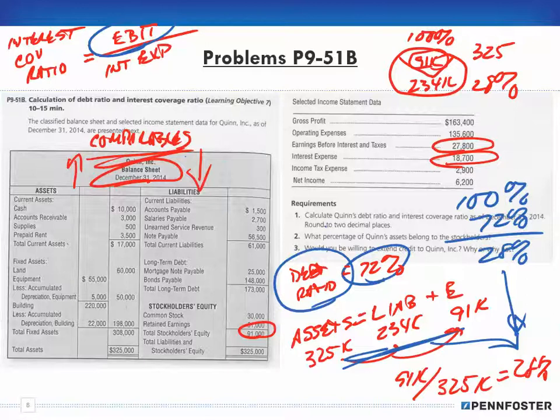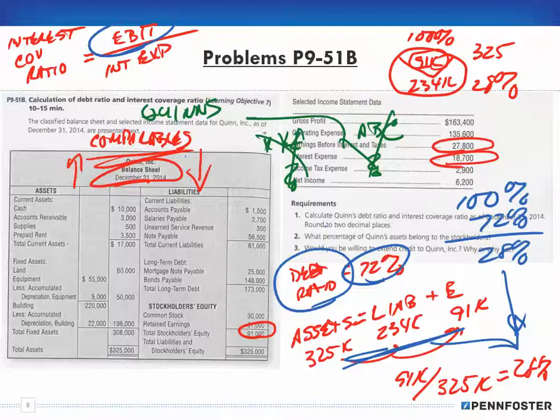But what if I wanted to invest in the same type of business, the same sector, and let's just say XYZ company is in that sector and ABC company is in that sector along with Quinn's? Well, what does XYZ look like and what does ABC look like? If they're worse than Quinn's, and I definitely want to put my money into something, then maybe I would put it into Quinn's, because they're worse. But if they're better, then I would choose the better one to put my money in.